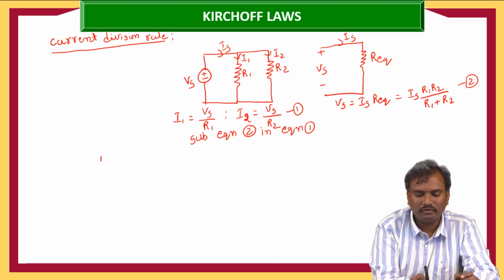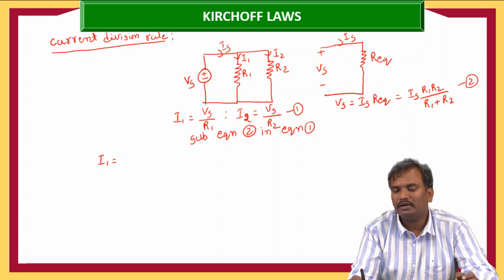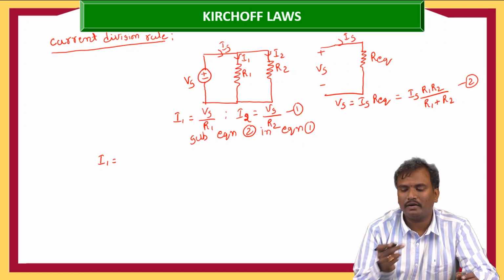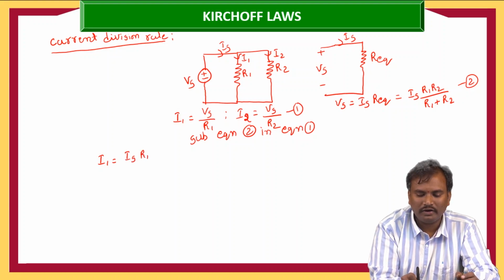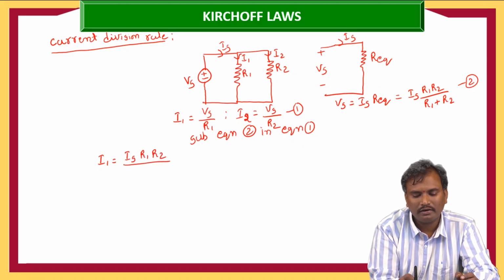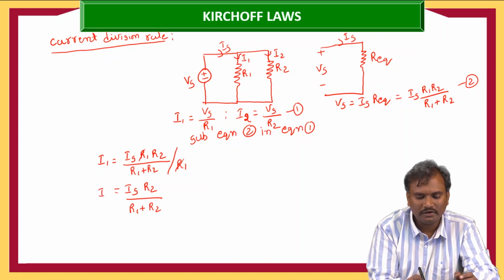So from this we get I1 is equal to, in place of Vs, Is into R1 R2 by R1 plus R2, whole divided by R1. R1 gets cancelled, and we get Is into R2 by R1 plus R2. This is I1.